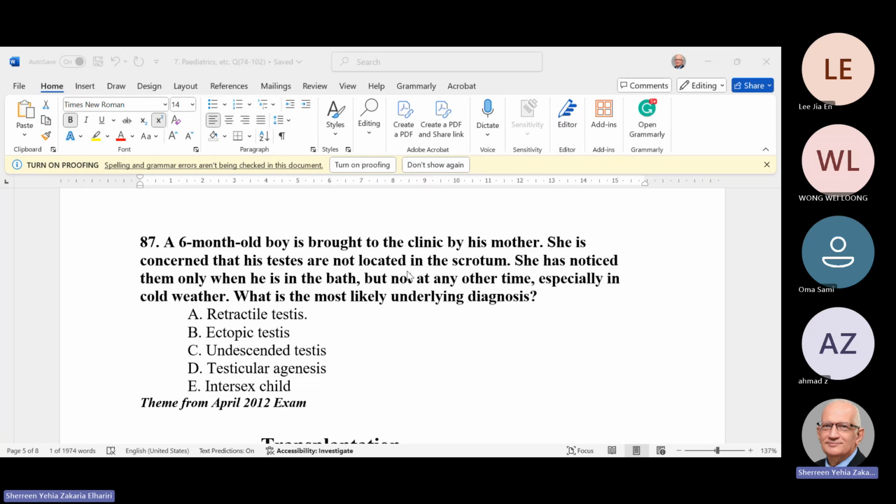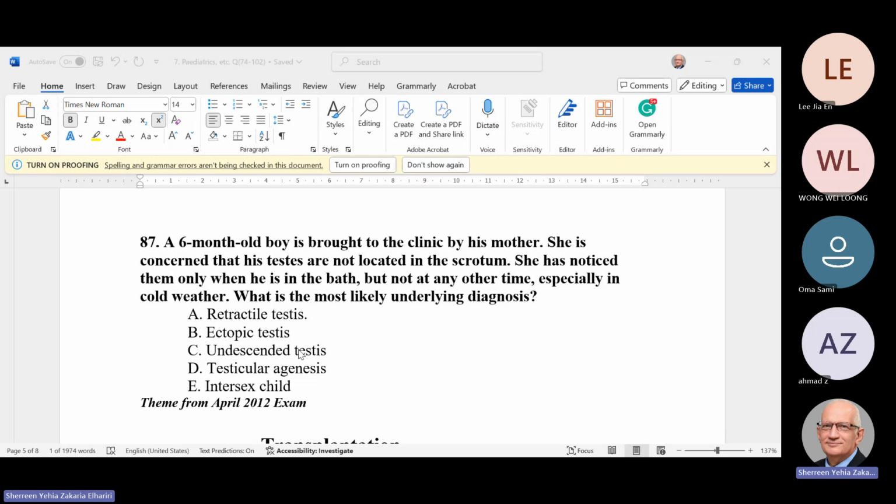But if he goes outside in cold weather, the scrotum shrinks and the testis goes up. This is normal, especially in very cold countries, and we call it retractile testis. Retractile means it comes up during cold weather and goes down in warm weather.